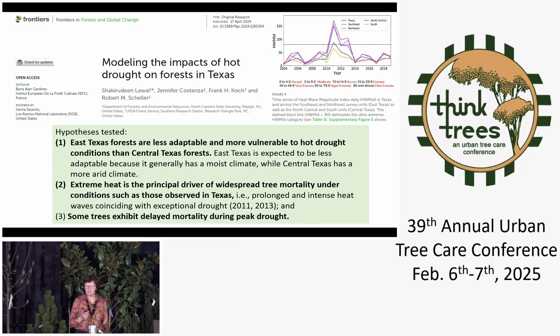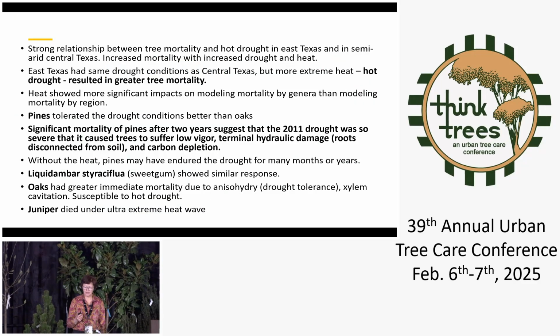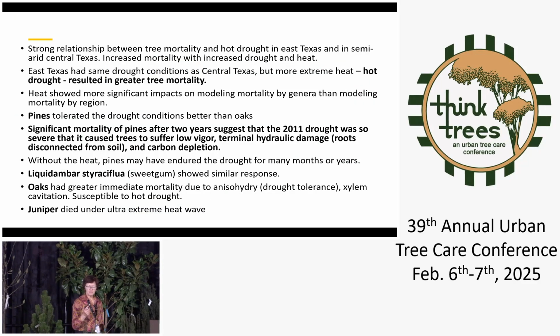And they found that extreme heat was the principal driver of widespread tree mortality. So it wasn't the drought alone, it was the exceptional heat. Some of the trees had delayed mortality during the peak drought, but overall it was very severe. And then here are a couple of nuggets.